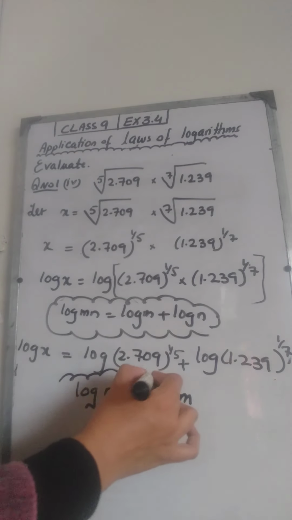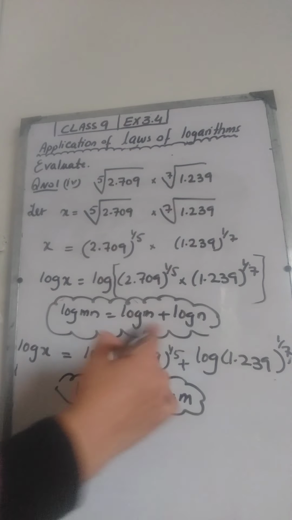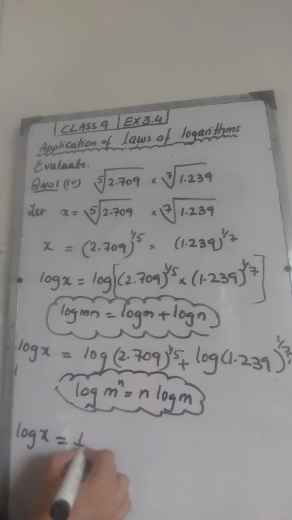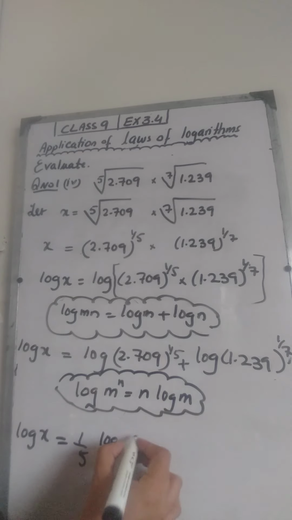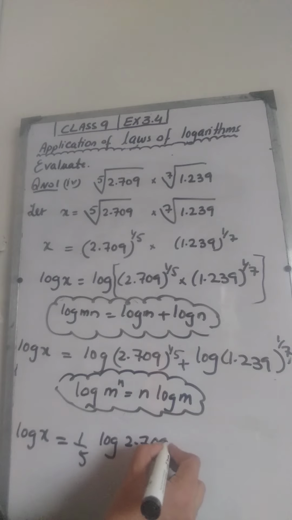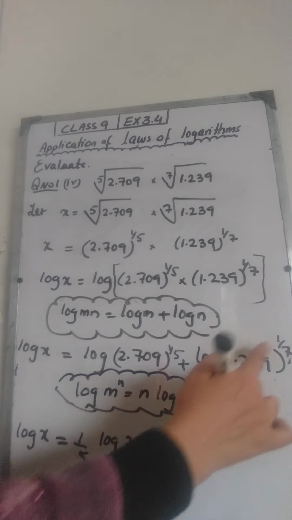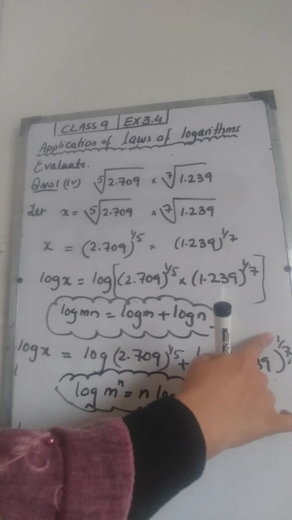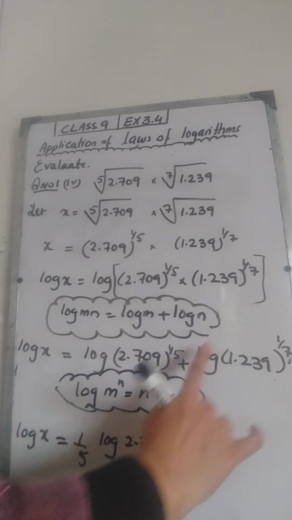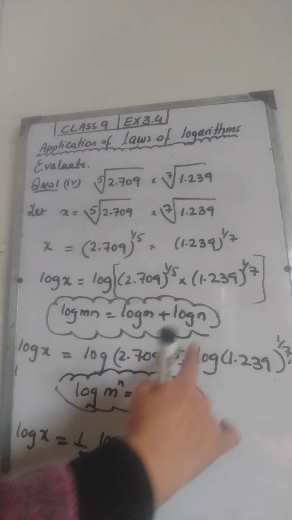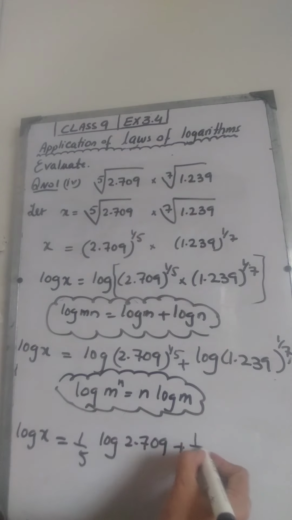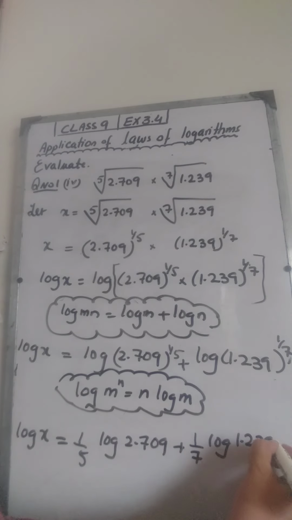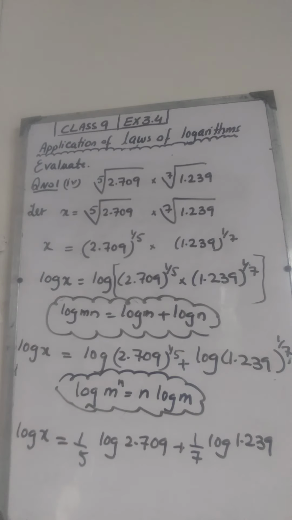Applying this law to this expression, what we get is log of x is equal to 1 over 5 log of 2.709 plus, again applying this, this is the exponent n and this is m raised to power n, log of m raised to power n is equal to n times log of m. This power will come in front of the logarithm, 1 over 7 log 1.239.